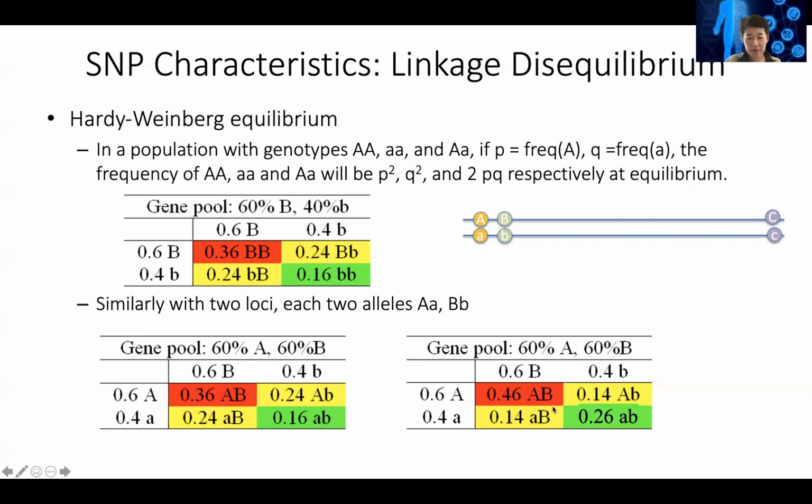The big A and big B happen a lot more often together, and small a, small b also happen a lot more frequently than expected, whereas small a, big B or small b, big A are happening a lot less. That means that the A and B alleles are likely to be linked to each other.